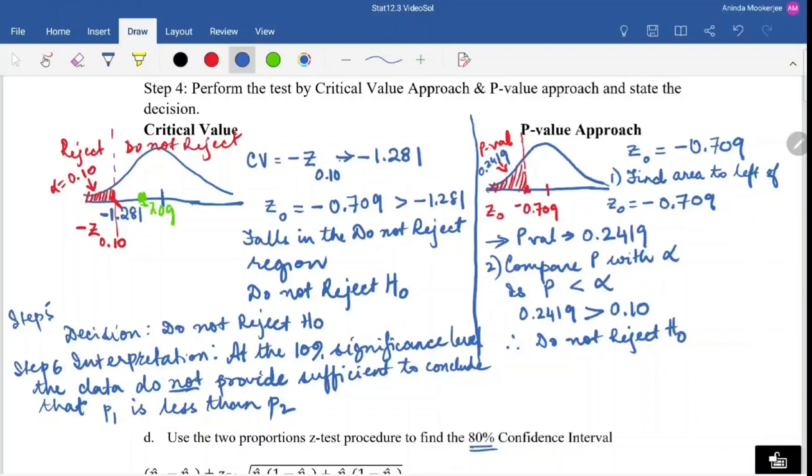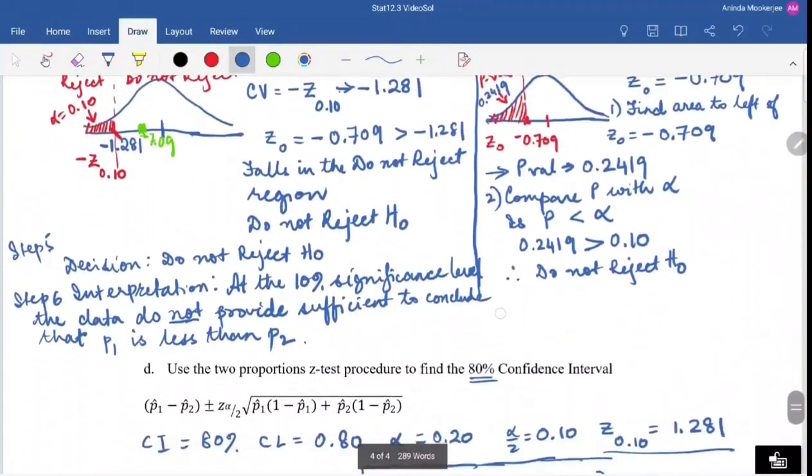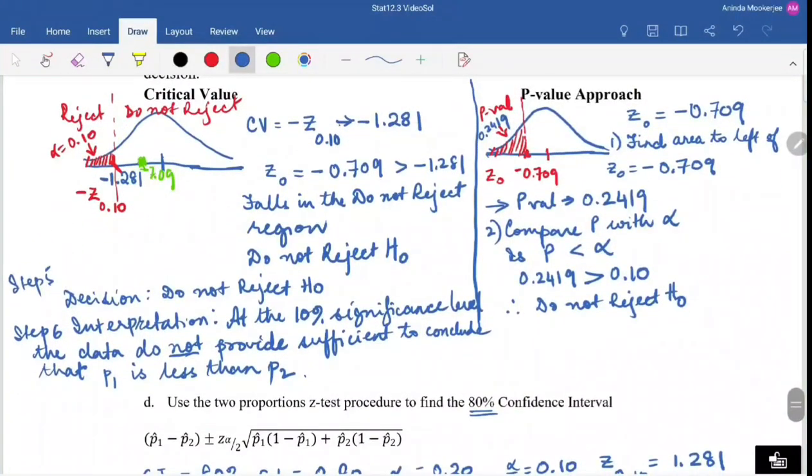Therefore, we just have to use our alternate hypothesis, which was that P1 is less than P2, and our data was not sufficient to conclude that P1 is less than P2 in order to reject the null hypothesis.